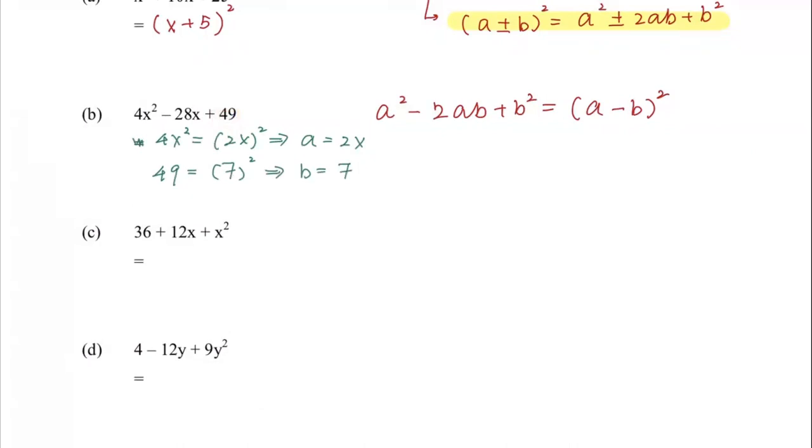We need to make sure that minus 2ab is equal to minus 28x. If it is, then this expression is of the form a squared minus 2ab plus b squared, and therefore we can write it in this form.